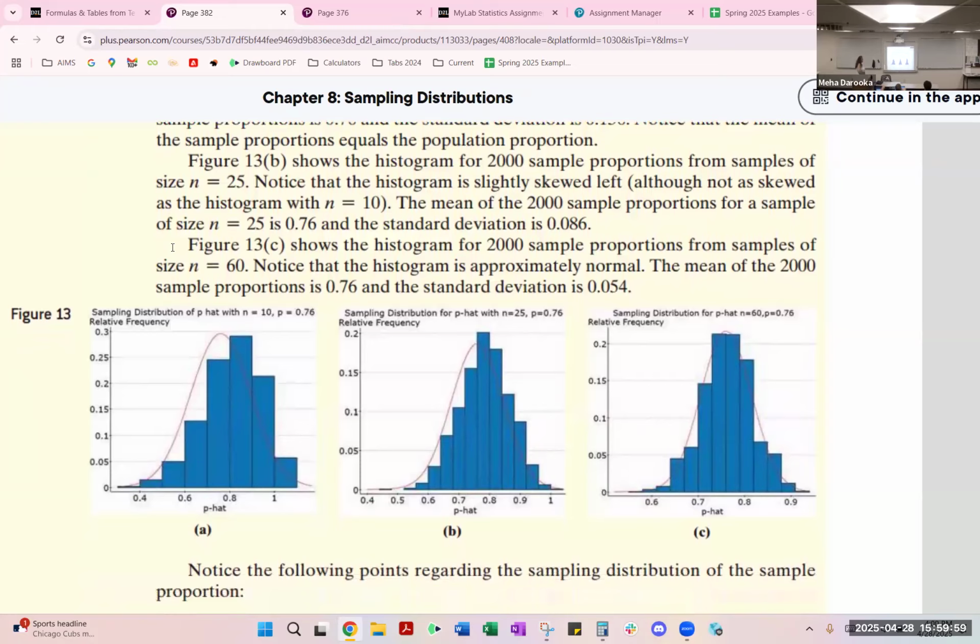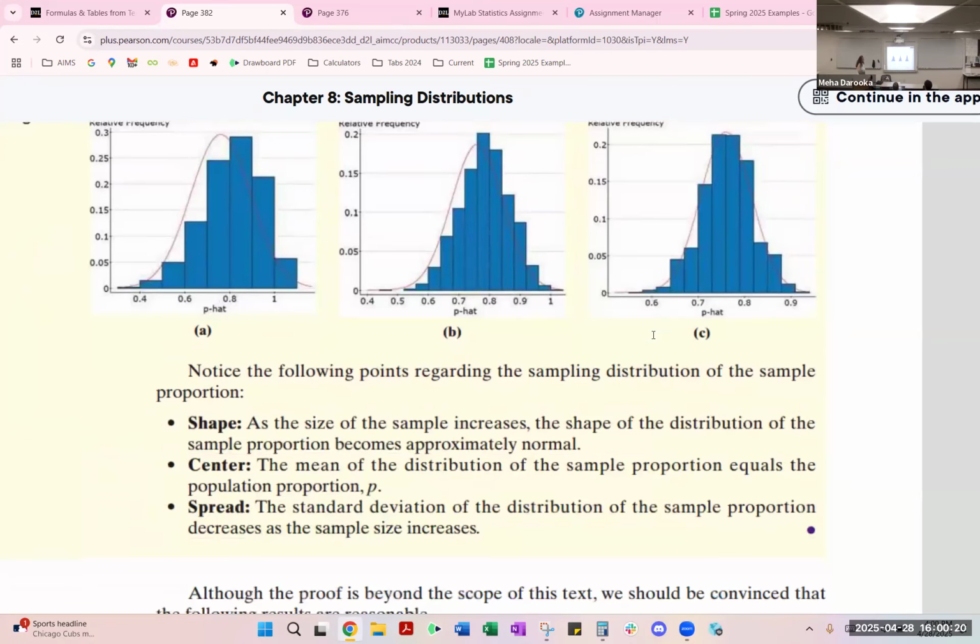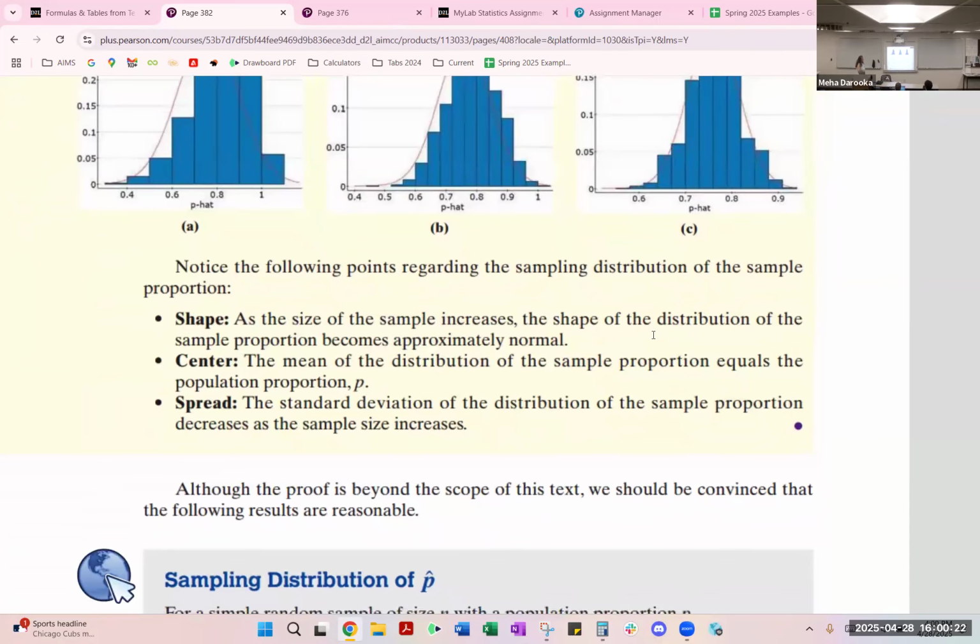So you can see with sample size 10, we've got a little bit of a left skew going, right? With the sample size of 25, it's getting more bell-shaped, but there's still a left skew. But look at the sample size of 60. It's looking more symmetrical, more bell-shaped, than it is looking left skewed.